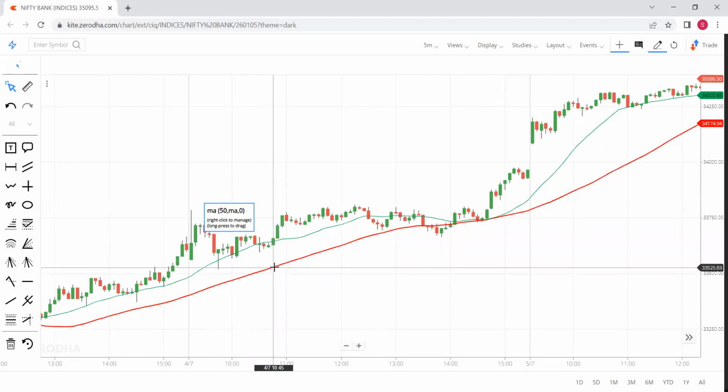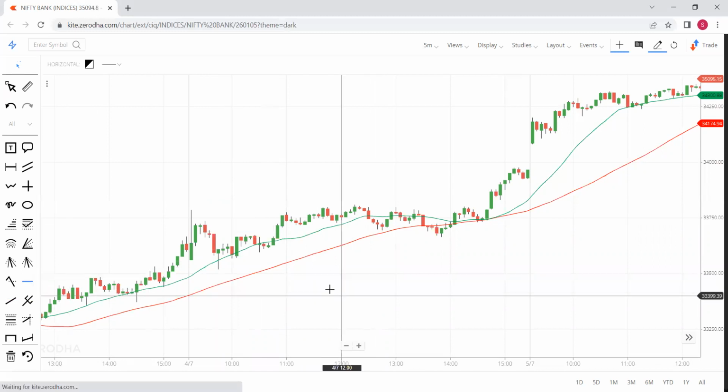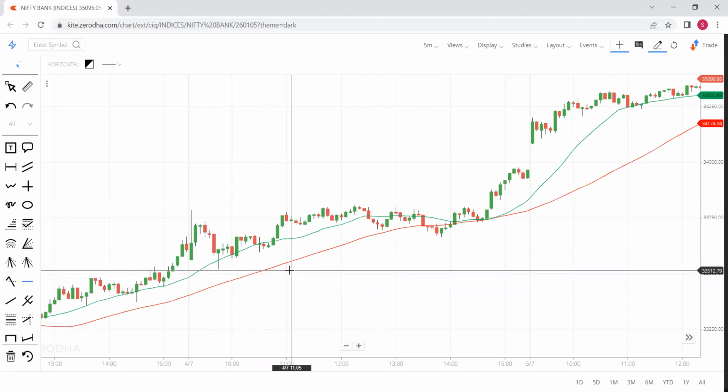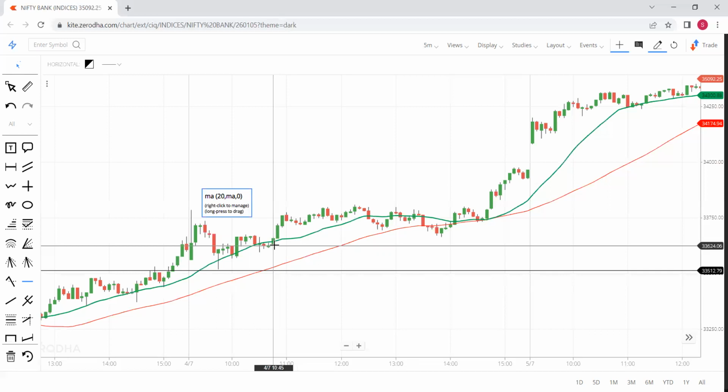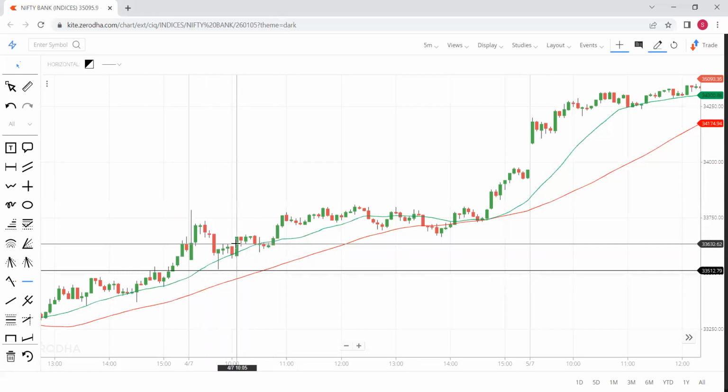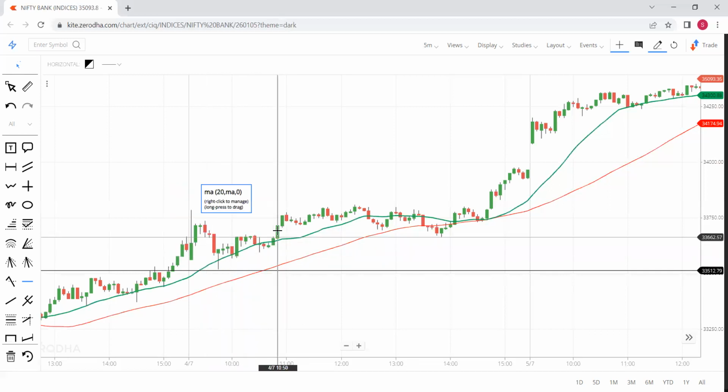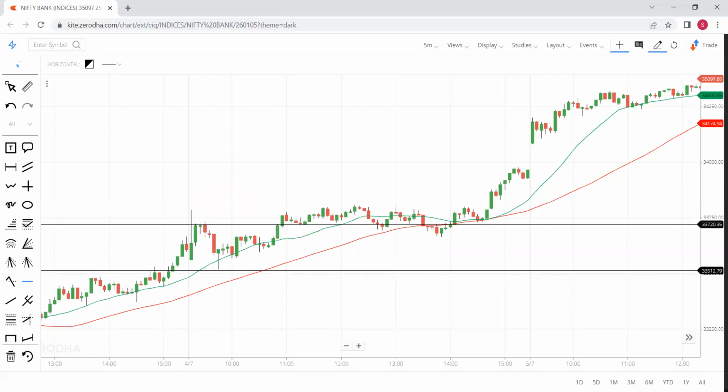You can keep a stop loss below your 50 period moving average. Now you can see this is the breakout that I'm looking at. These are the breakouts but no confirmations. This is the breakout and the confirmation. So I will be entering at 33,720 and my stop loss would be 33,512.